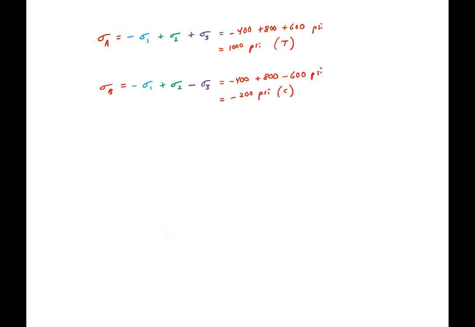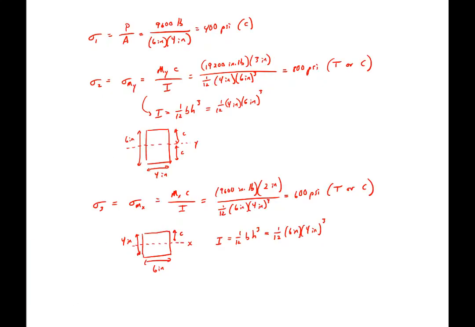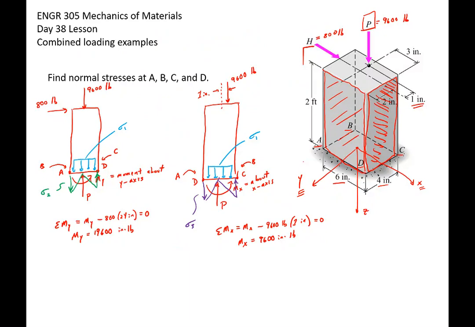Okay, let's see how you did. Sigma C, like I mentioned earlier, all four corners have a negative sigma 1 because they're all in compression there. Let's take a look at what we'll get for sigma 2 for point C. Point C, if we look over here, is on the side where we have compressive flexural stress, so that's going to be a minus sigma 2.